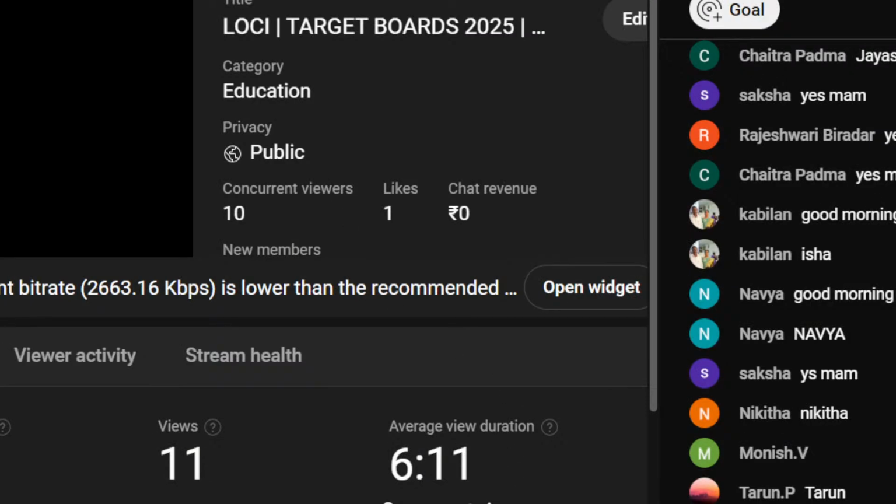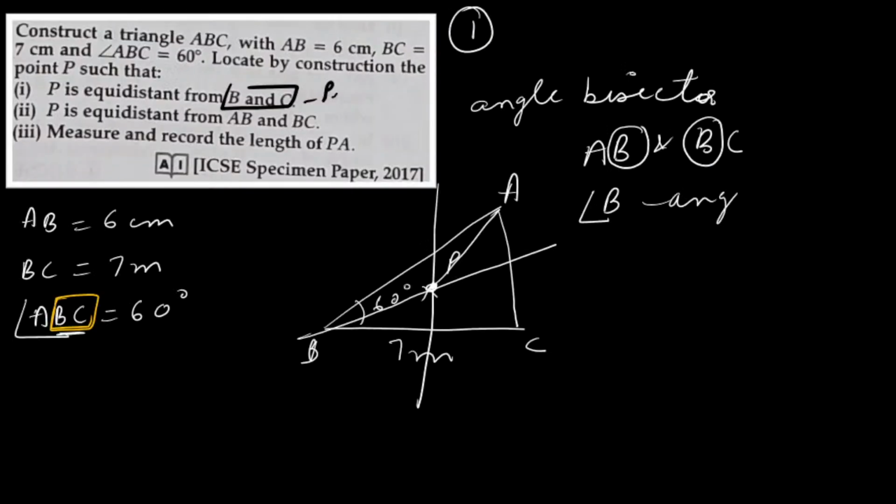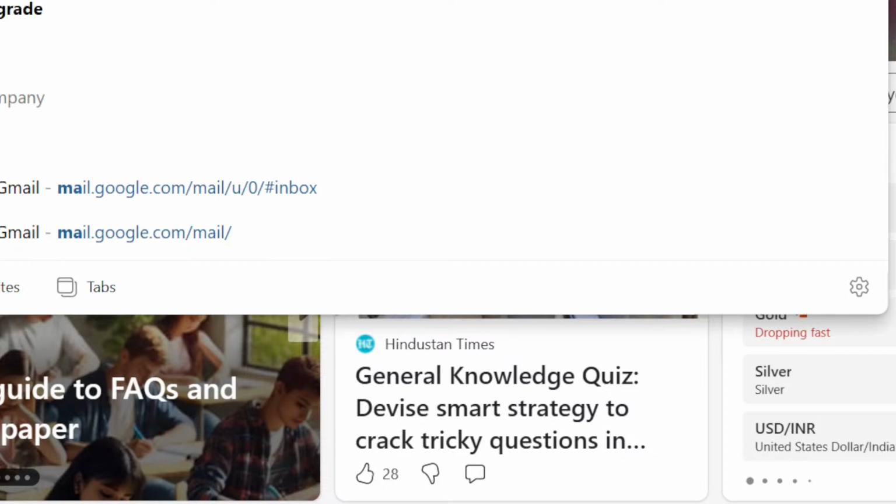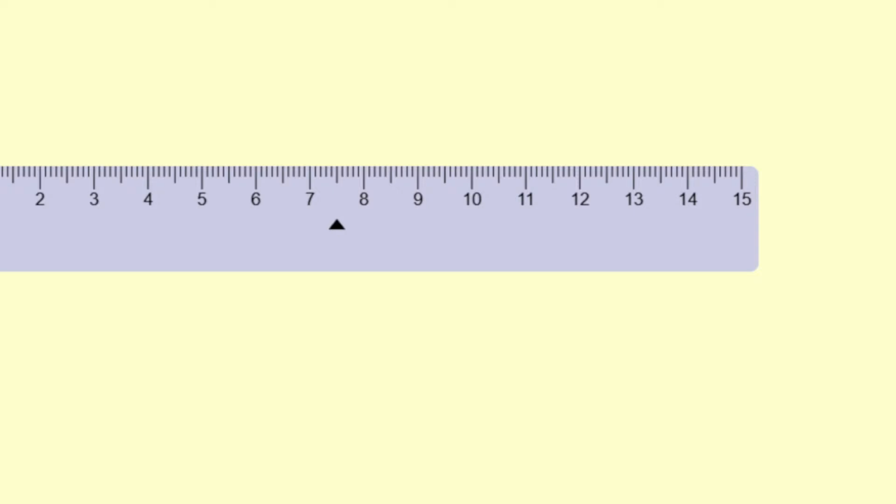I'm just trying to open this construction. So can you all see the construction screen? I think it's visible now.